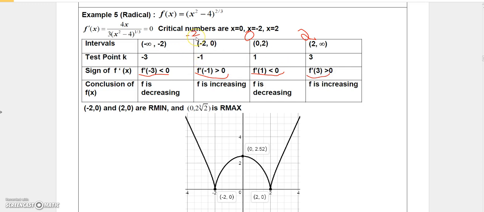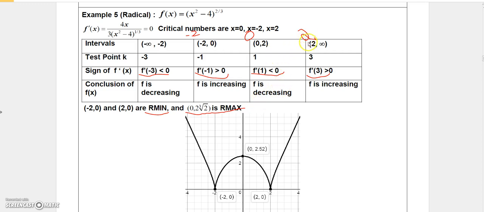So at -2, the derivative is negative to the left of -2 and positive to the right of -2. So that must mean we get a relative minimum at -2. At 0, the derivative is positive to the left of 0 and negative to the right of 0, so at 0 we get a relative maximum.